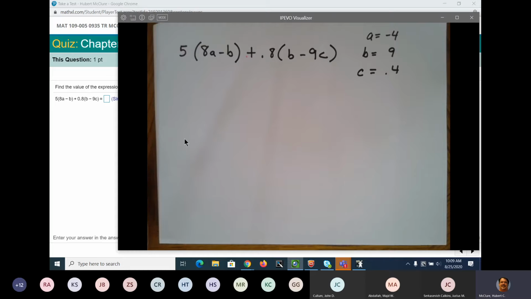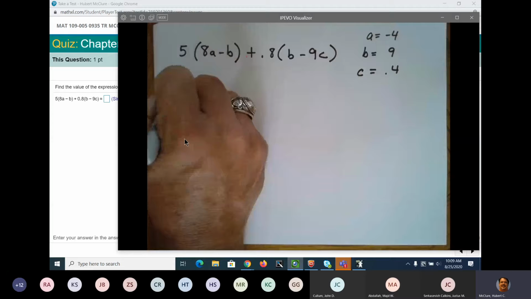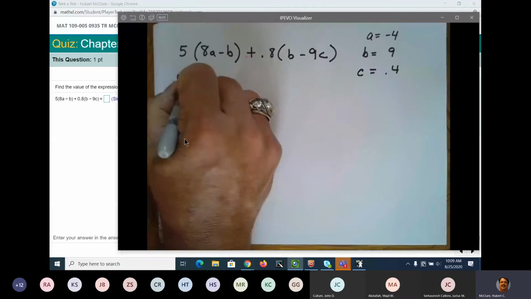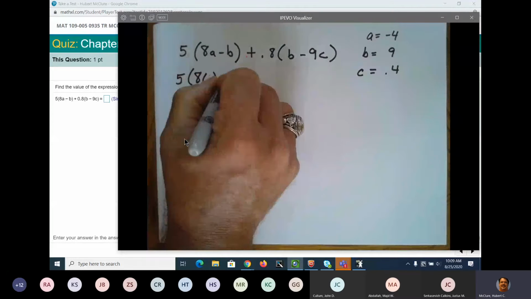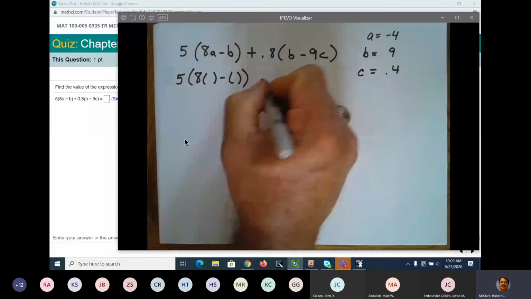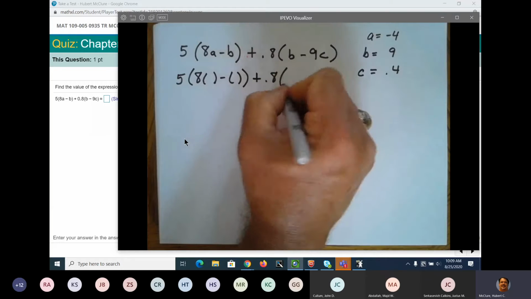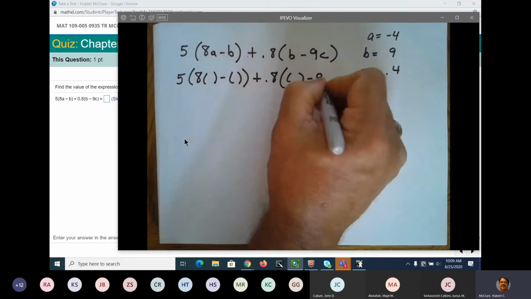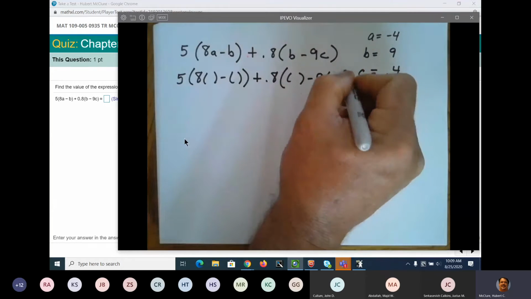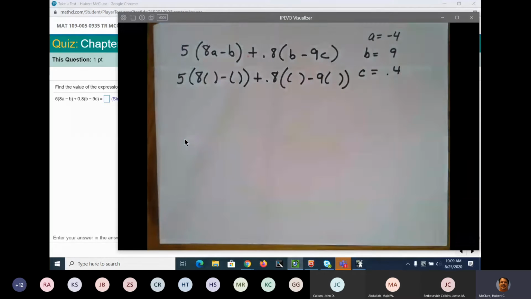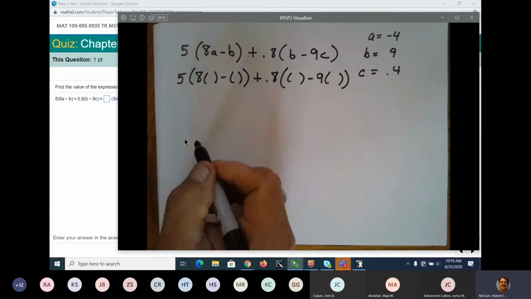So I'm going to rewrite this with parentheses: 5 times 8 in parentheses minus parentheses, plus 0.8 times parentheses minus 9 times parentheses. Now I use parentheses because I don't want to make a mistake. I've got several degrees and I use parentheses, but some of y'all have no degrees.